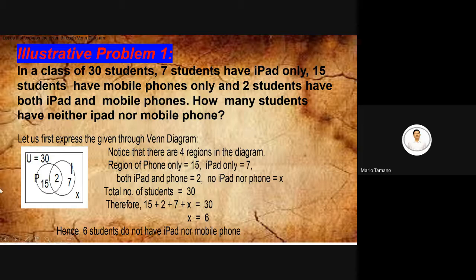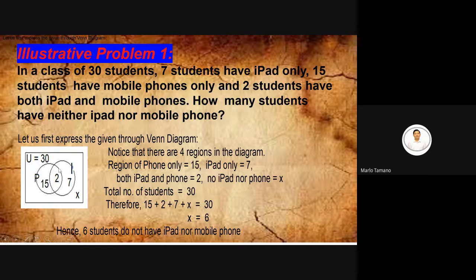The first region, unahin natin yung nasa paligid ng bilog. That is the first region. Second region ninyo, pwedeng yung P mismo, P only.